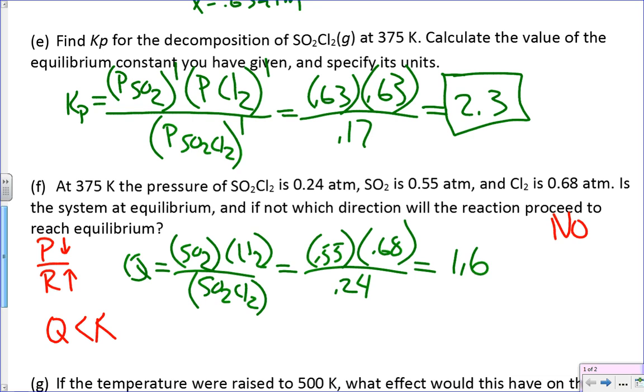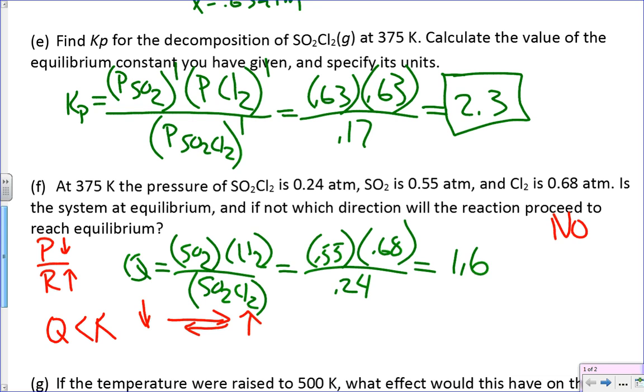So if we know our reactants are too big, that means as this reaction progresses, our forward rate, which has too many reactants, so we got a higher forward rate than the reverse rate, is going to dominate. As time goes by, our products are going to go up and our reactants are going to go down until we reach equilibrium.